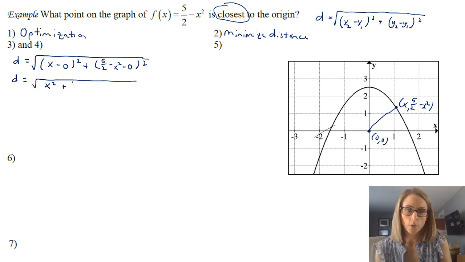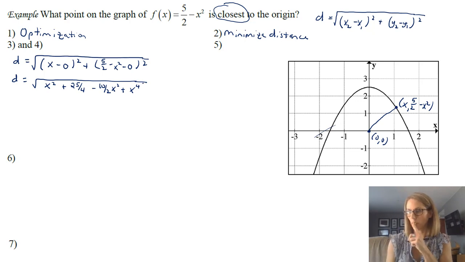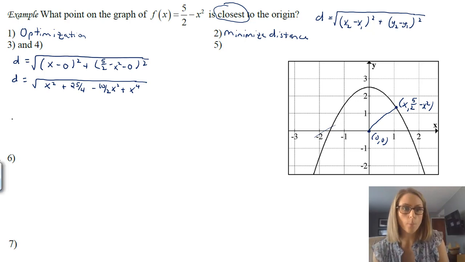And if you do that out, you get 25/4 minus, and then you're going to have 10/2 x squared, because you have 2 of those, and then plus x to the 4th. So that's what you have underneath, and I'll do one more simplification.